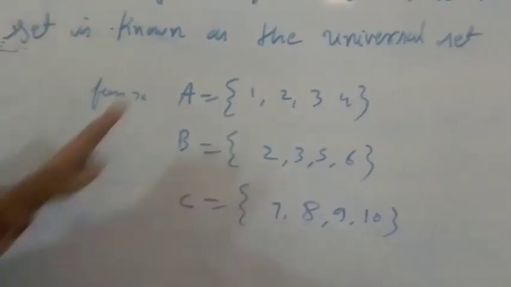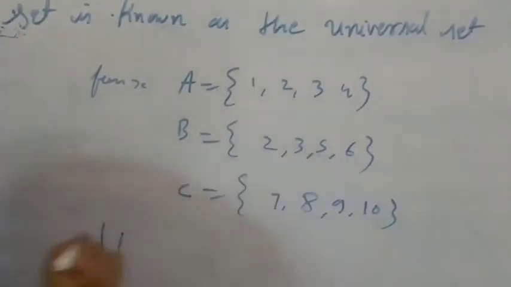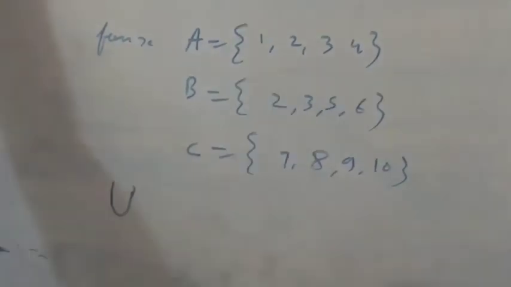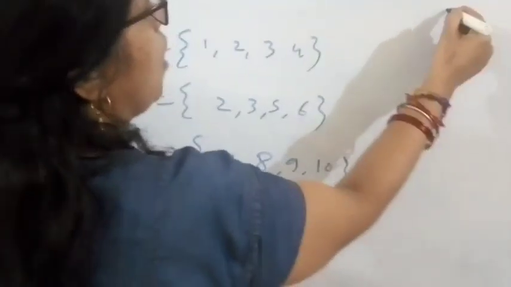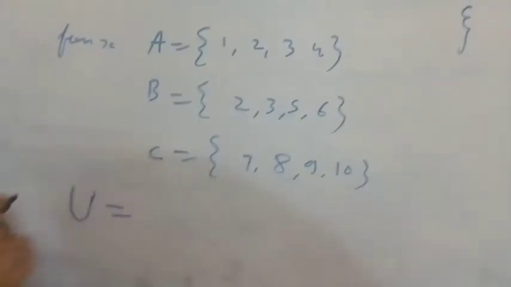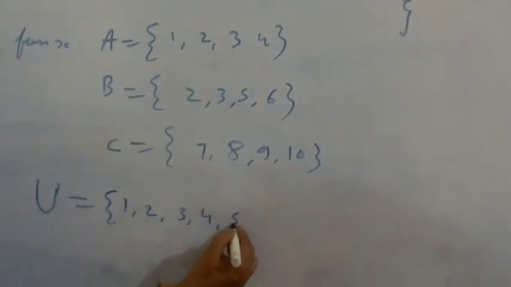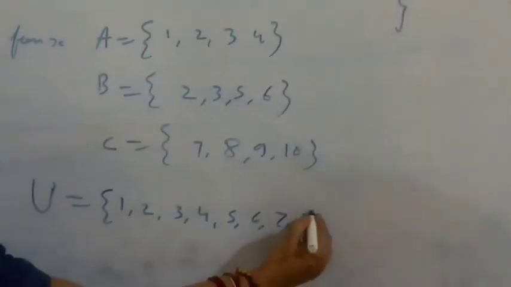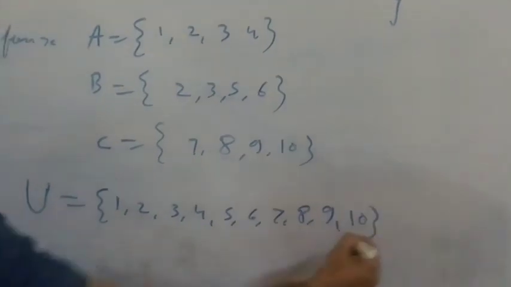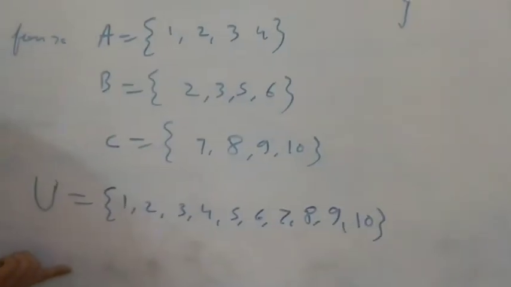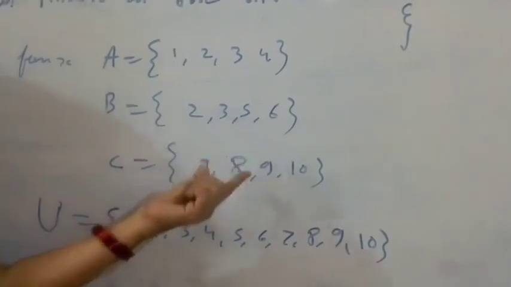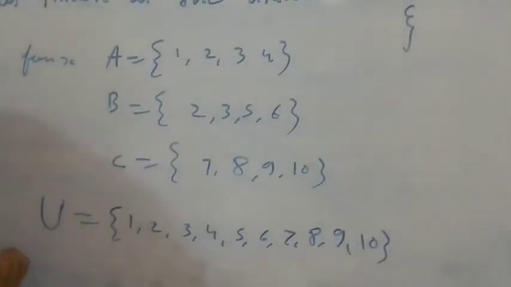Then one set is U, and the universal set is mostly represented by capital U or theta. So U should contain all the elements of these three sets, which is 1, 2, 3, 4, 5, 6, 7, 8, 9, 10. So this is the universal set, because all these elements are in the set U.